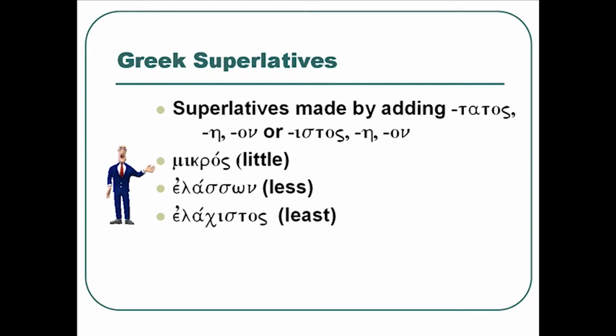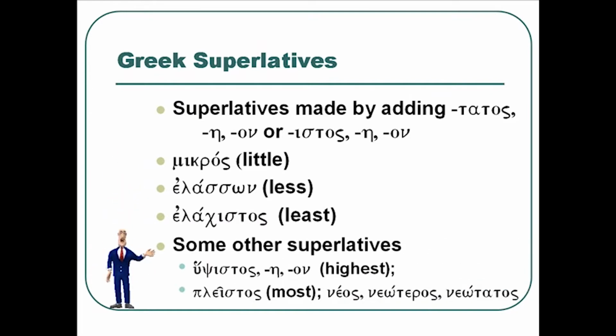So you see the istos ending there goes to least. So these endings are tagged on to indicate the superlative, the same way the on ending and the teros ending were placed in the comparatives. Some other superlatives are hupsistos, which means the highest, and pleistos, which means the most.